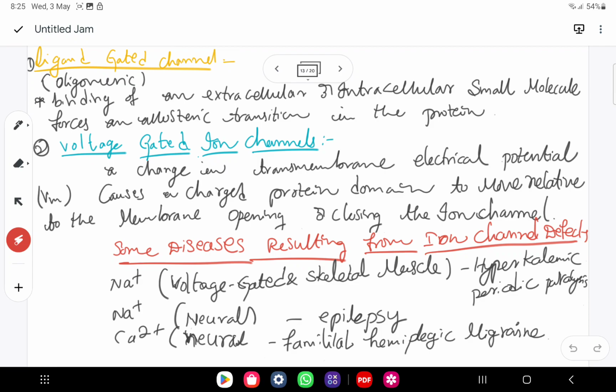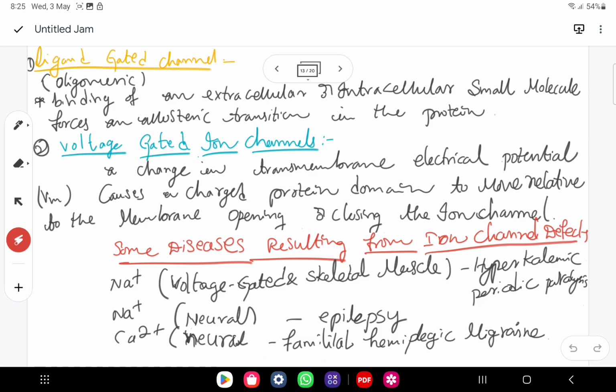Na plus voltage gated channels in neural cells, when defective, lead to epilepsy with febrile seizures. Na plus voltage gated channels in cardiac muscle lead to long QT syndrome 3.